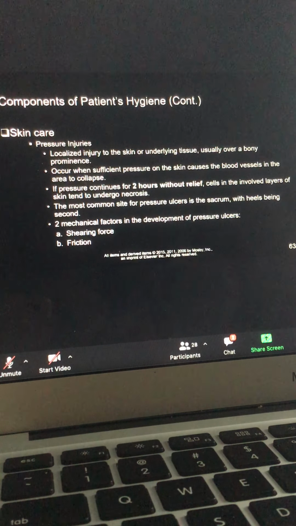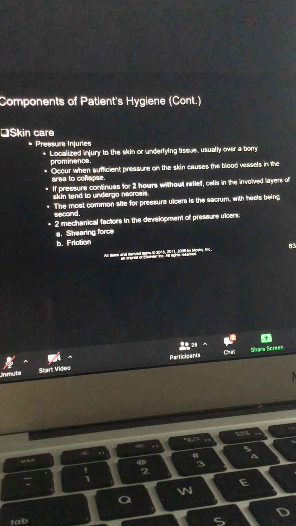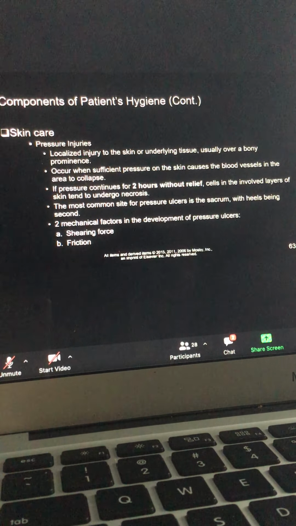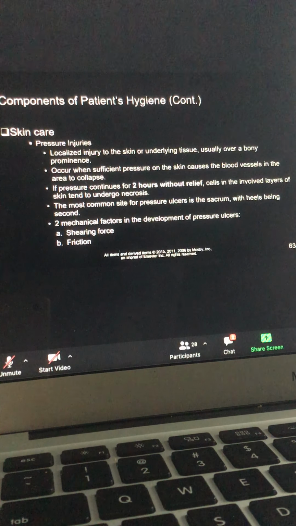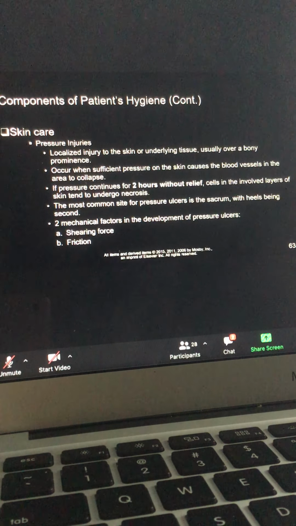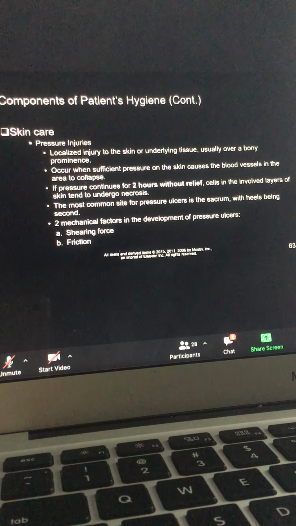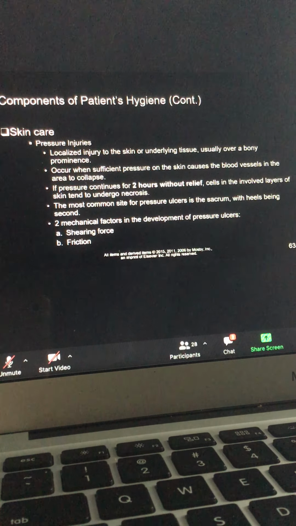If we are able to move our patients within that 2 hour time frame, we can prevent the cells from going into a necrotic state or from dying. So that's the principle behind it. If you're asking why we have to move our patients every 2 hours, it's because within that 2 hour time frame we may still be able to reverse the problem.